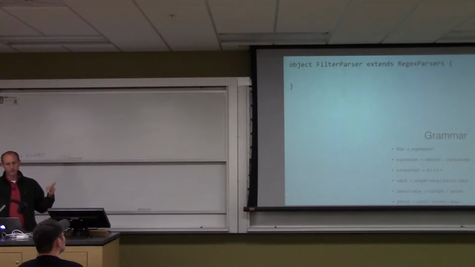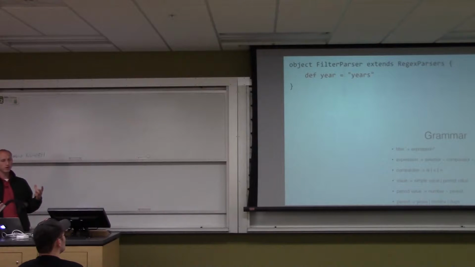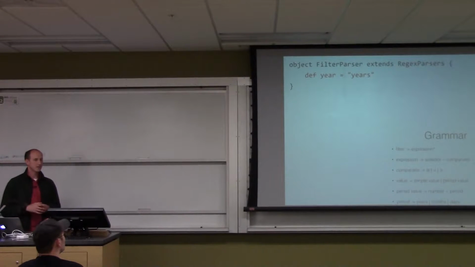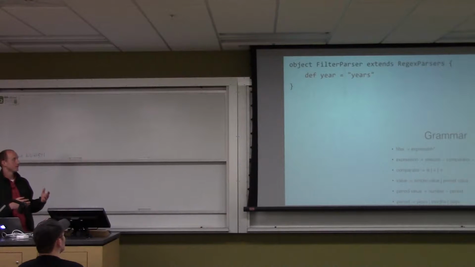A period can be years, months, or days. And really, years itself is a node too. So we'll start with defining years. What this does is we're creating a rule in our RegexParsers, a parser called year, and it can be equal to the string years.